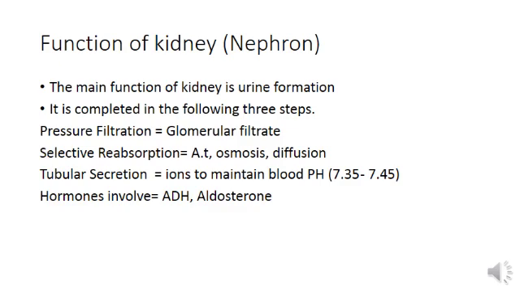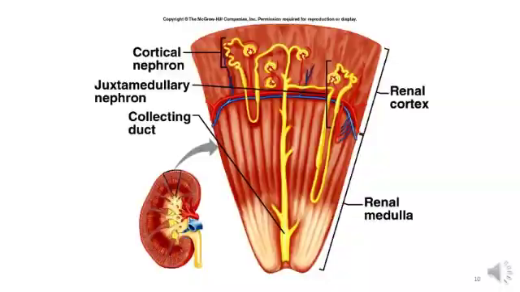Now, proceeding toward the structure of the nephron and how it works. This is one part of the kidney, the medullary and the cortical region of the kidney. The nephron is found in the cortex as well as in the medulla, meaning half of the nephron structure is located in the cortex, while the rest of the nephron is found in the medulla.